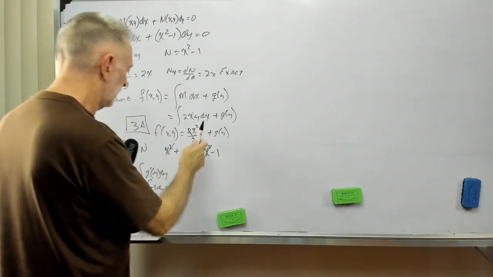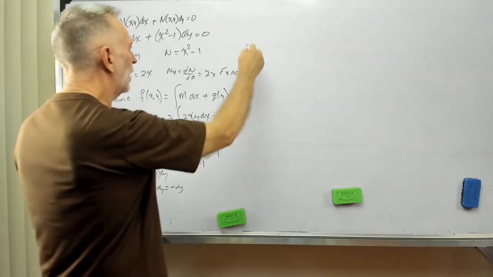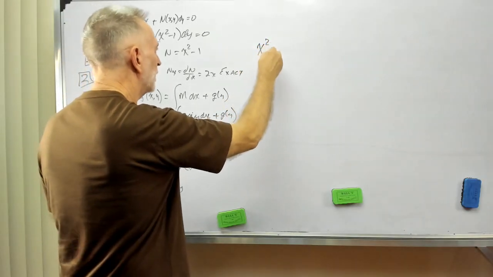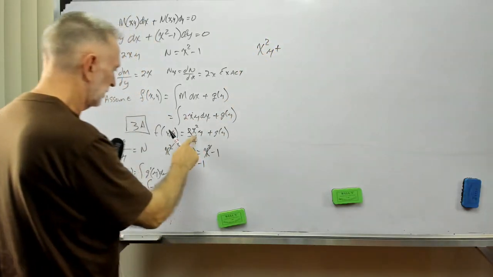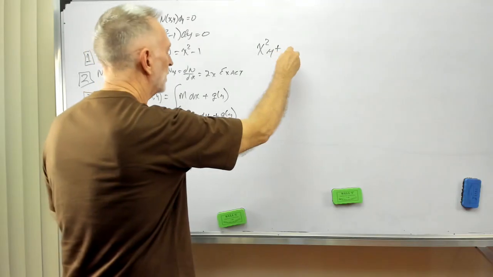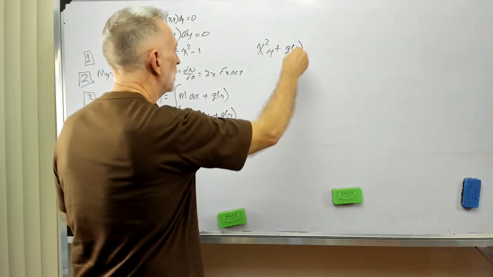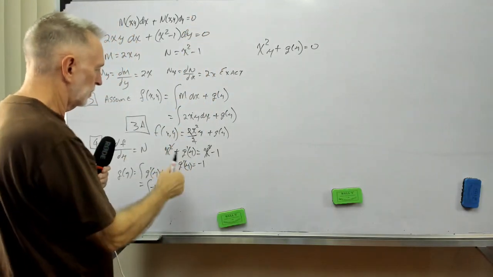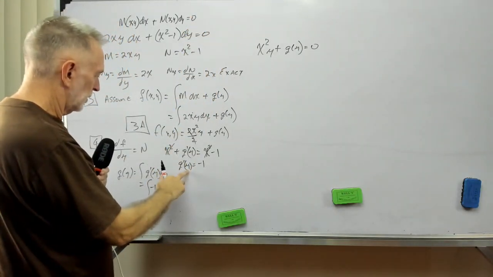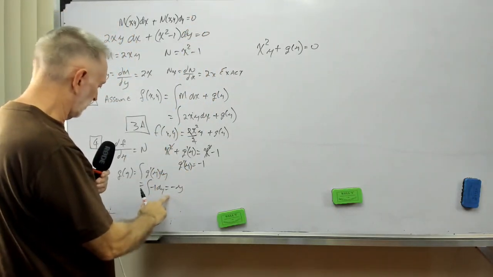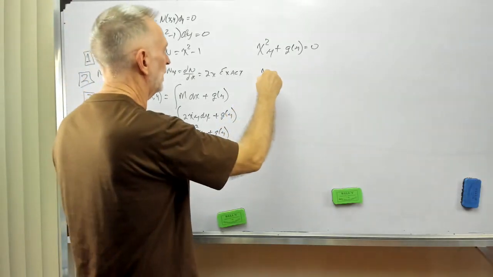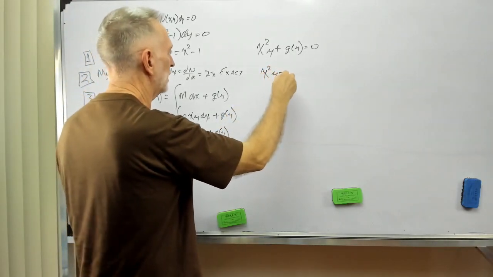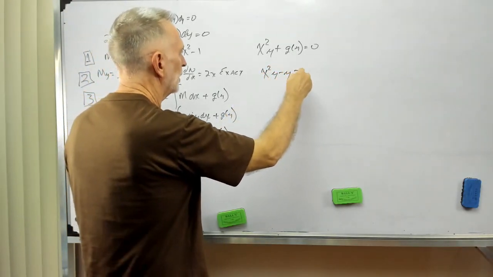I have x squared y plus g of y equals a constant, and g of y is -y. So I have x squared y minus y equals c.